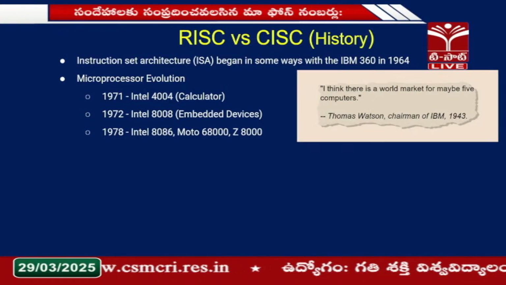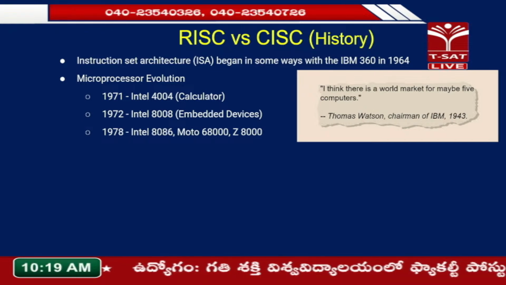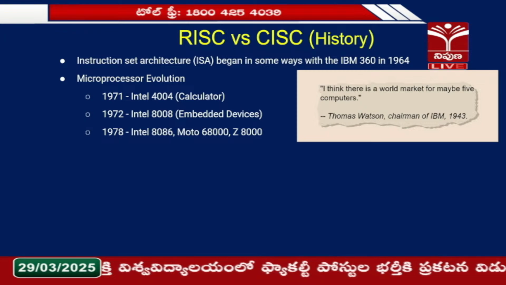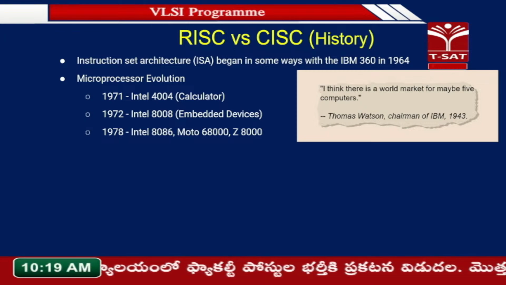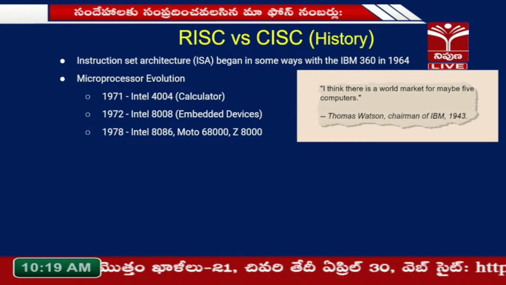Then in 1978, right, Intel came up with the Intel 8086, and that's when the real instruction set architecture sort of really took off, right? By the way, there were other companies like Motorola had 68000, and Zilog was a very popular company at that time called Z8000.